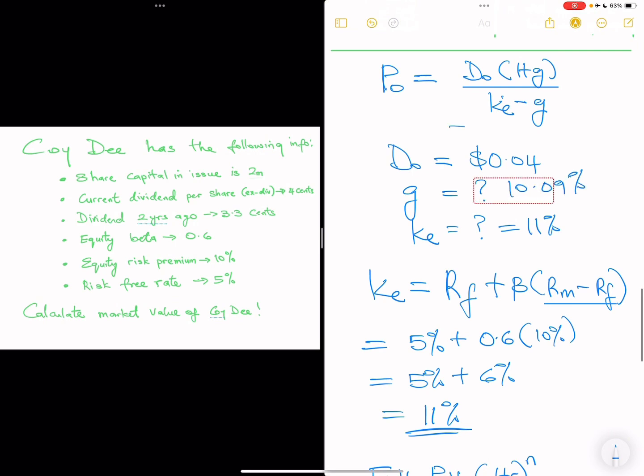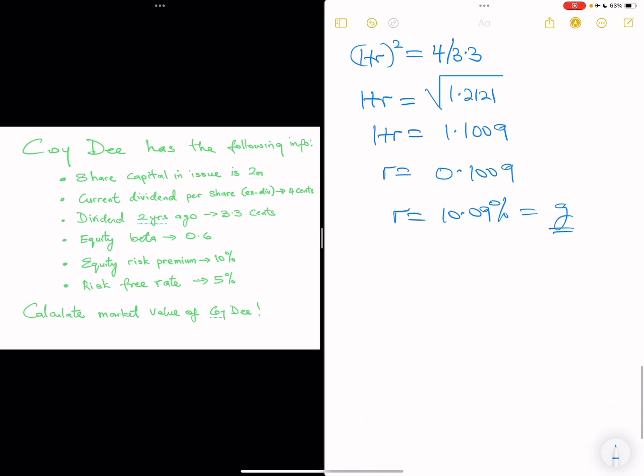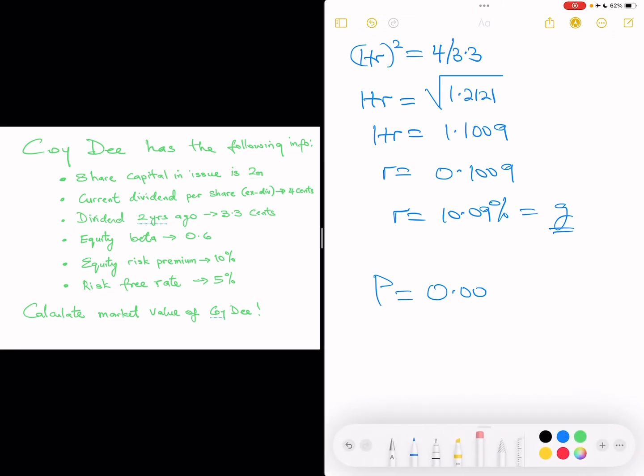So now we plug all of that into this formula. Price equals dividend of 4 cents, which is $0.04, because I want to get price in dollars, times (1 plus g). I know my g now: 10.09%.